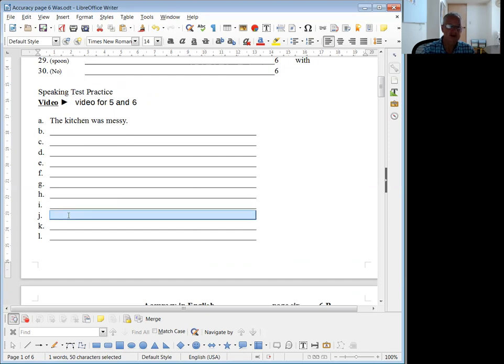J. Plates and cups. What was still on the table? K. Floor. Where were the pets sitting?